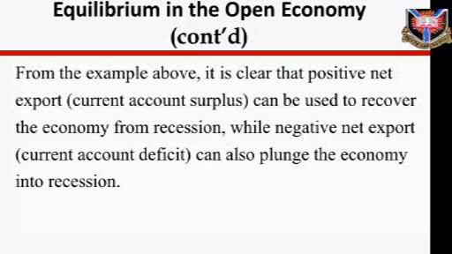In particular, exchange rate policy, domestic inflation, and foreign inflation have implications for the output performance of the domestic economy. A rise in domestic inflation can plunge the economy into recession through a fall in net export, while a fall in domestic inflation will help the economy recover from recession through an increase in net export.